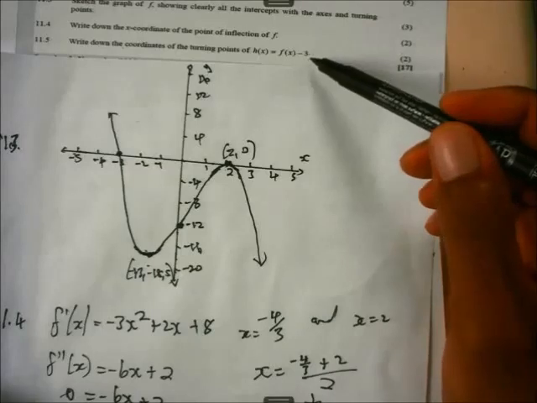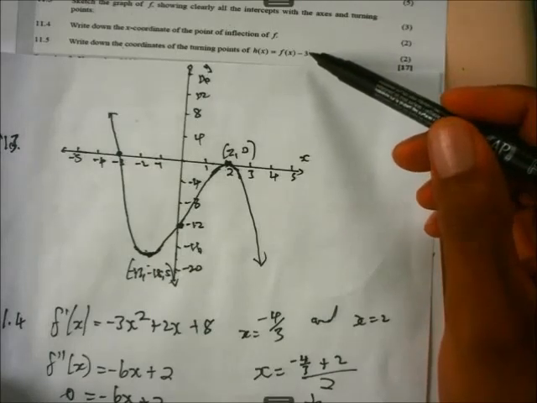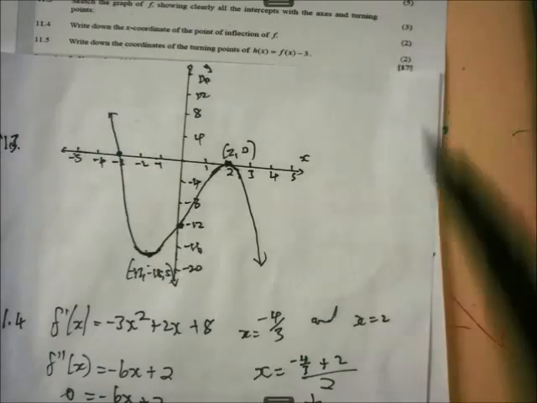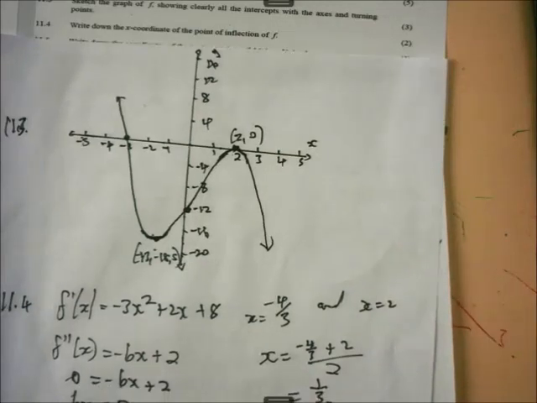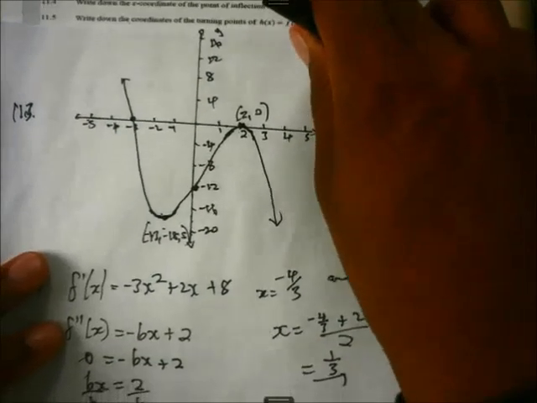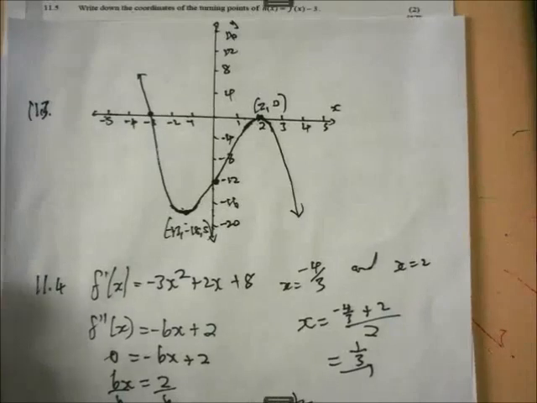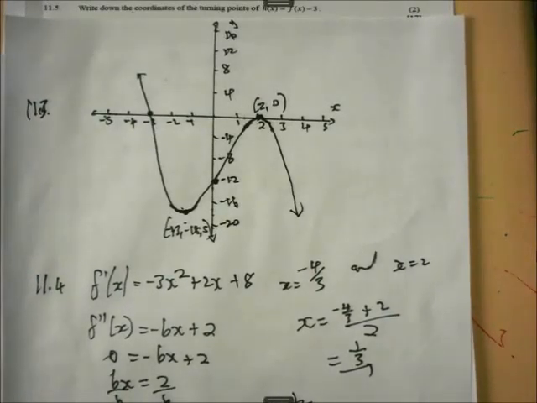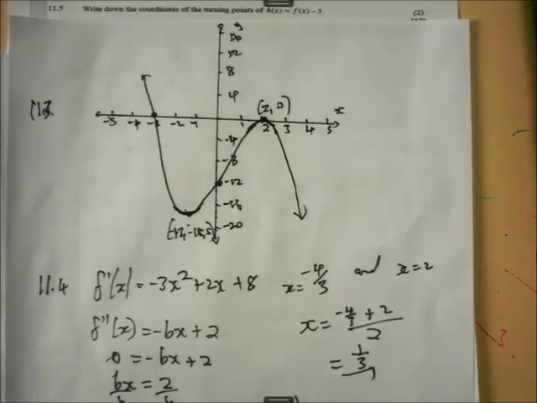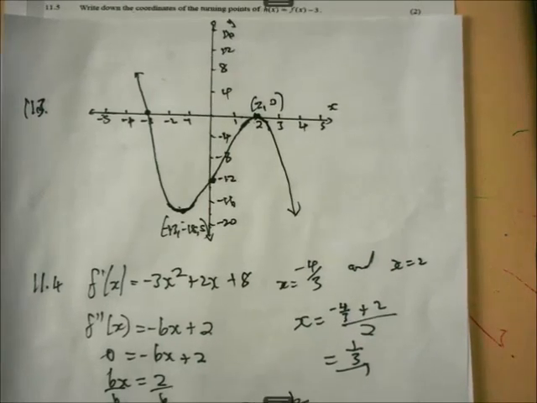It means our graph will shift 3 units downwards. And the only thing that will be affected there will be the y coordinates of the turning points. It means what you're going to do there is just take minus 1.3 and minus 18.5, then we minus 3, and the other one, we also do the same.